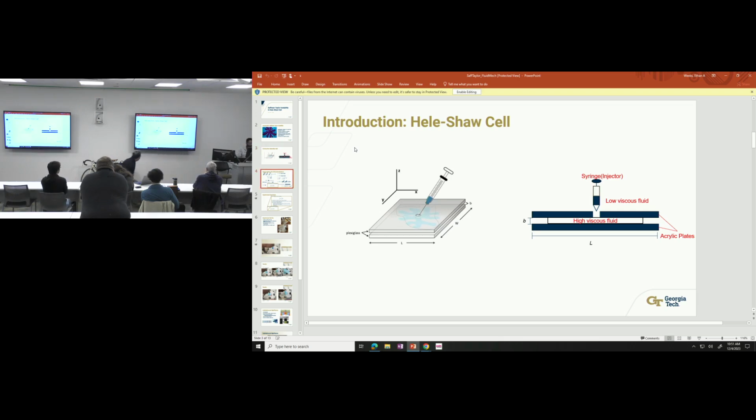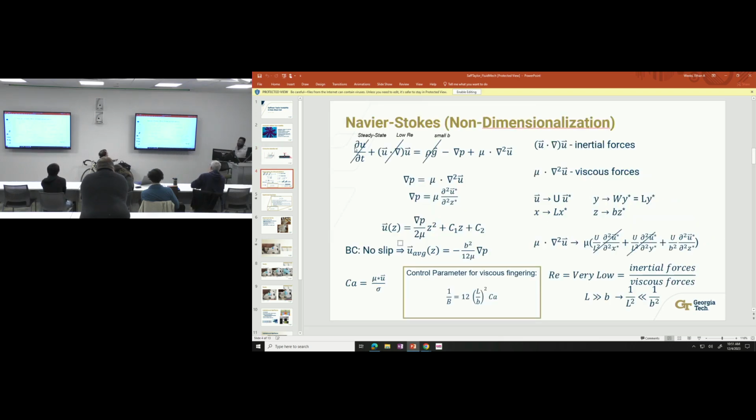Looking at the Navier-Stokes equation, first we assume steady state and a very low Reynolds number, and because of the small space between the two plates, we neglect gravity.